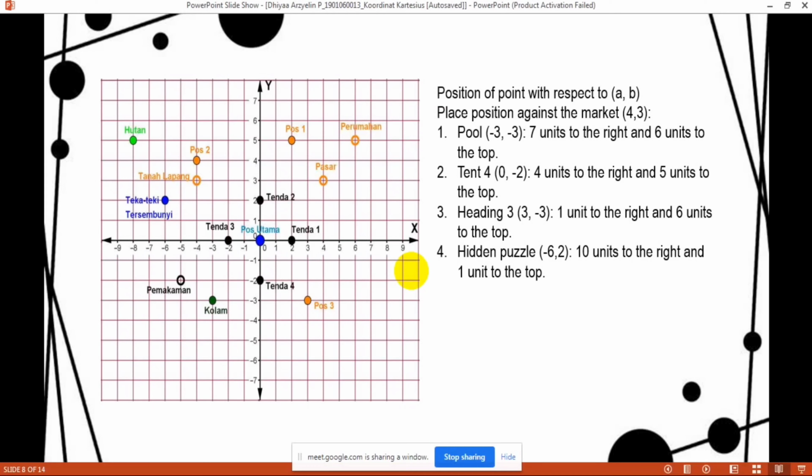Then 4 units to the right and 5 units to the top. Heading 3, 1 unit to the right and 6 units to the top. Hidden puzzle, 10 units to the right and 1 unit to the top. For the formula is A minus C, B minus D.